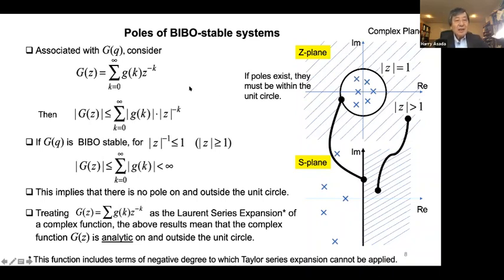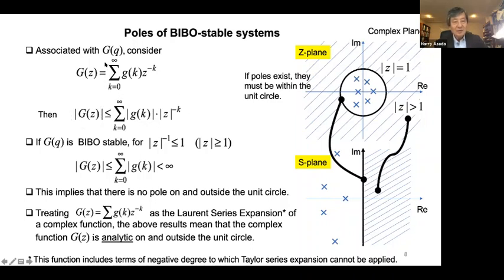Okay, now let's actually consider the Z transform transfer function G(z). That's actually q now replaced by z, right? Sum of g(k) z^(-k). So then if you take the absolute value of this, this is bounded by this, right?